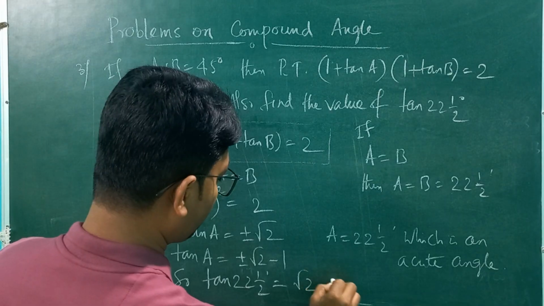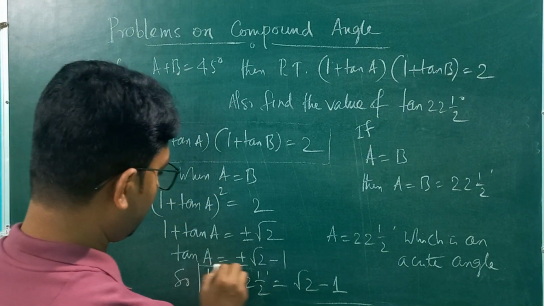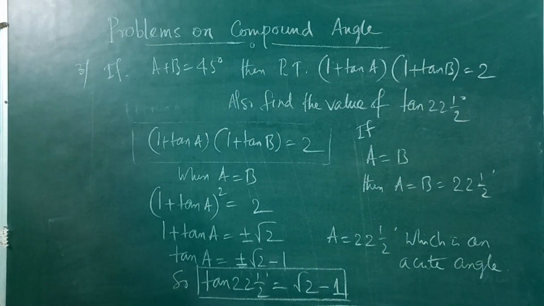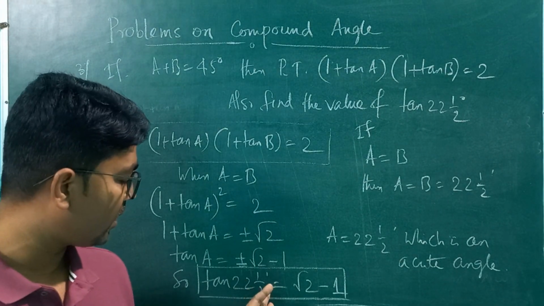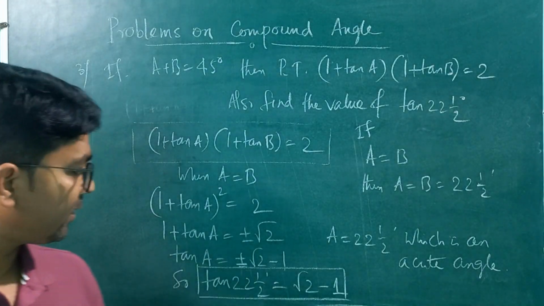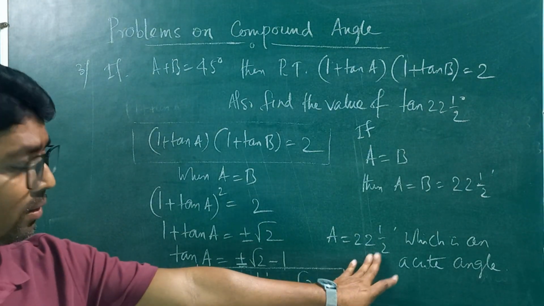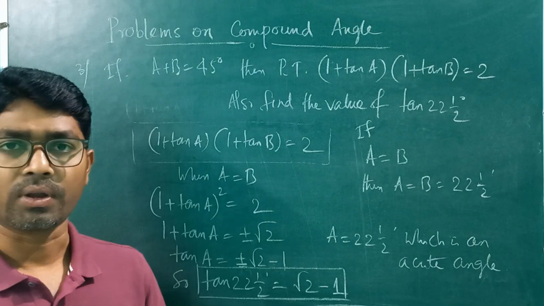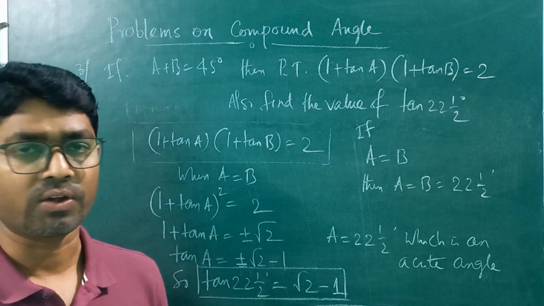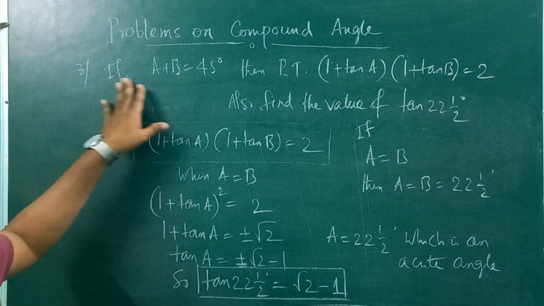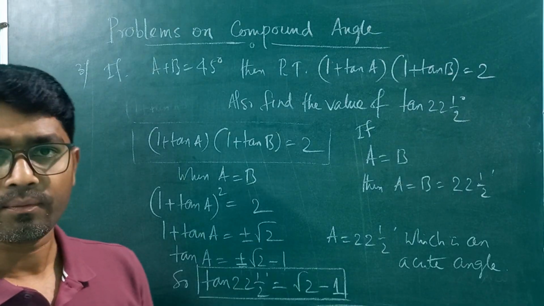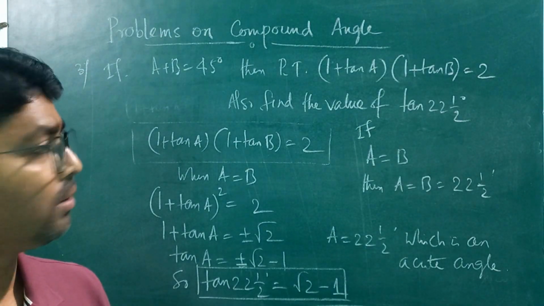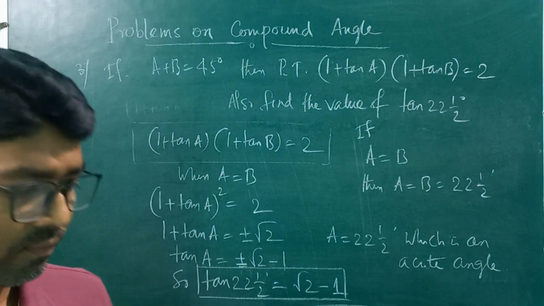We will take plus root 2 minus 1. That is our required answer. That is, the value of tan 22 and half degree is root 2 minus 1. We cannot take the negative value because this is an acute angle and this angle lies in the first quadrant. Any trigonometric ratio has a positive value in the first quadrant. So that is a very common problem, very frequently given in various types of examination. So this is a very simple proof.